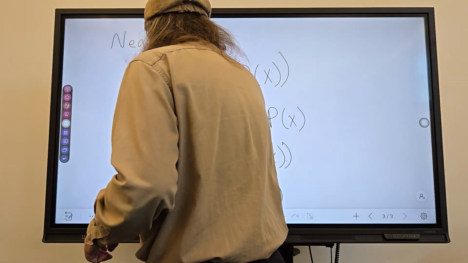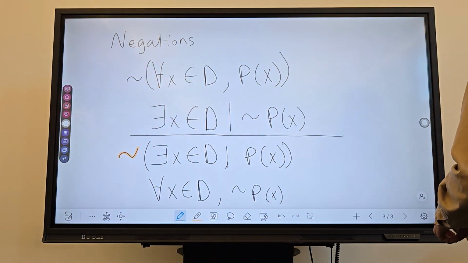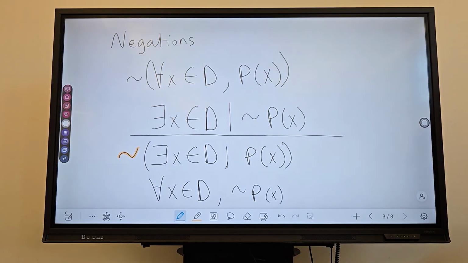Go ahead and put the line here to indicate there are separate concepts there. So the negation of an existential statement is logically equivalent to a universal statement.